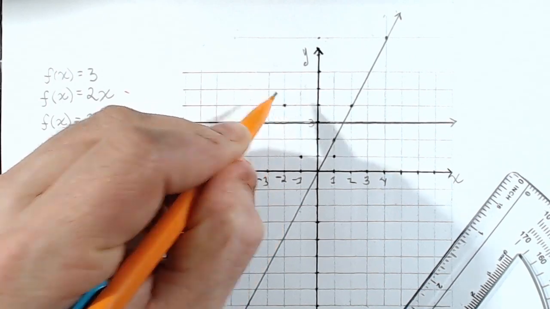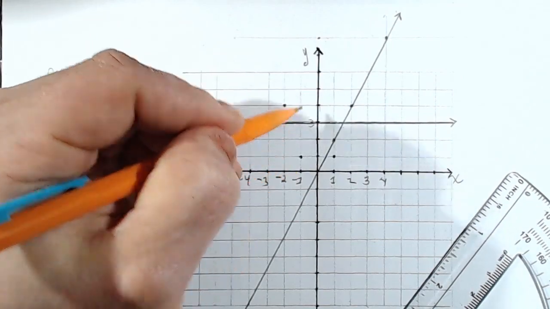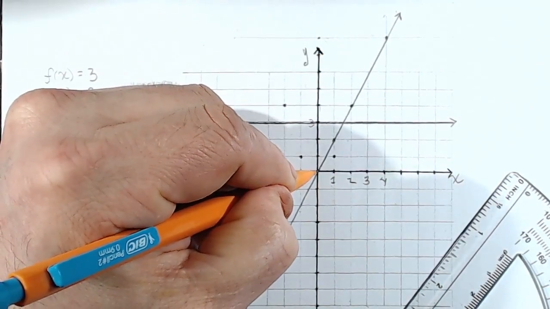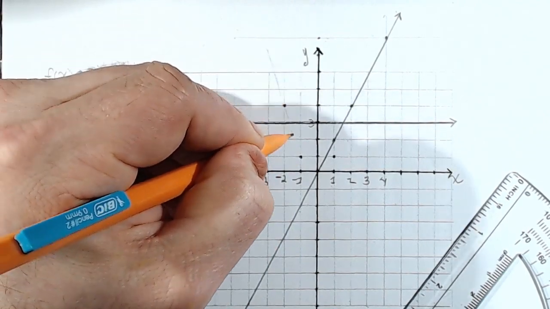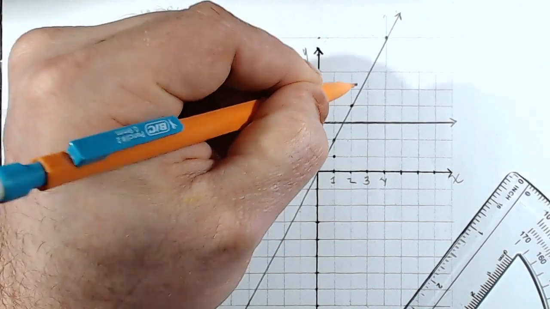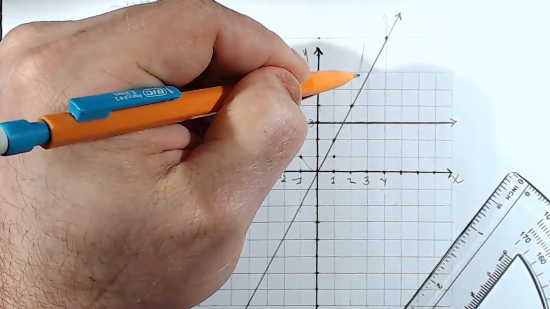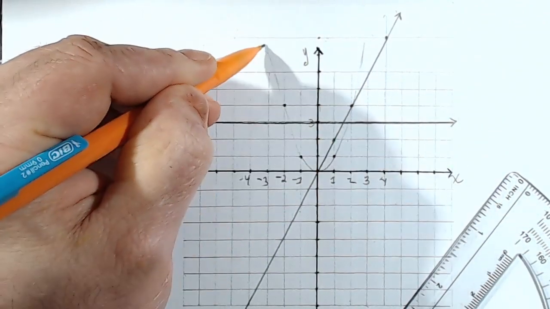So my line here is actually this curve. Okay, so this is what that one looks like. Just stick with me on this. Let me draw this in.